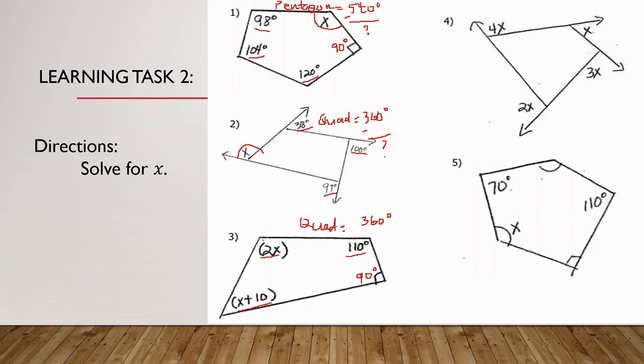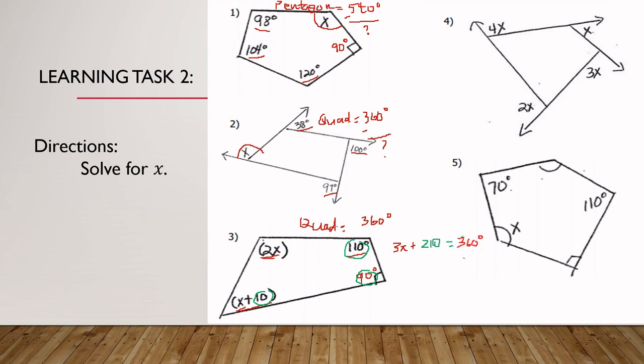Okay? So, let's add 2x plus x is 3x plus 110 plus 90 plus 10 is equal to 210. Then equate this to 360.